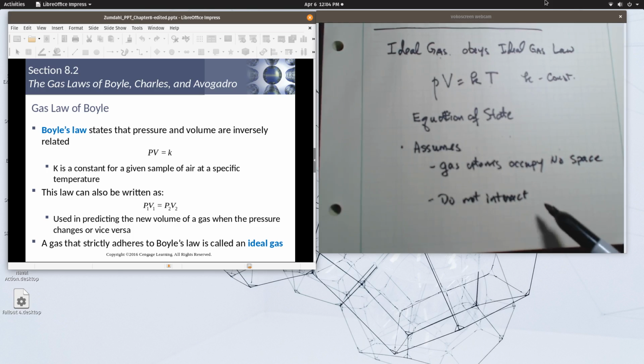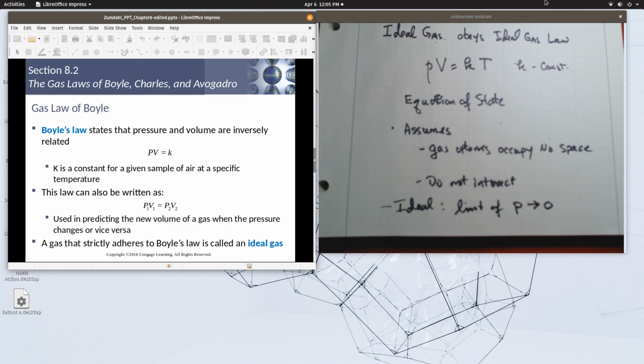Okay, they don't interact. That is wrong because we know that atoms and molecules occupy space, and they interact with each other in the following way. They repel each other at short distances, i.e. they occupy space, and they attract each other at long range. And so the ideal gas law is okay. Ideal behavior is the limit where the pressure goes to zero.